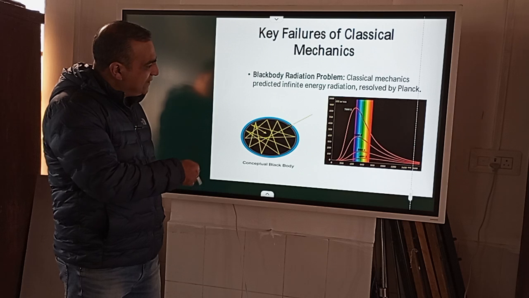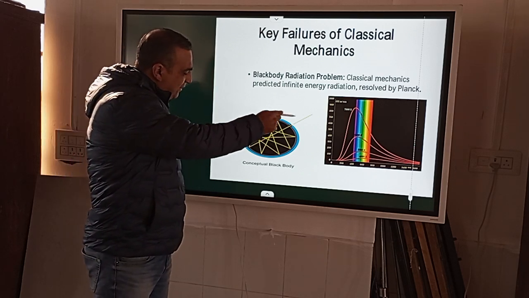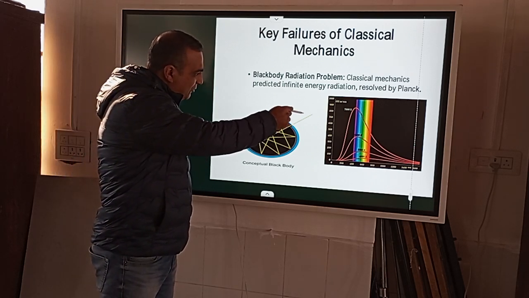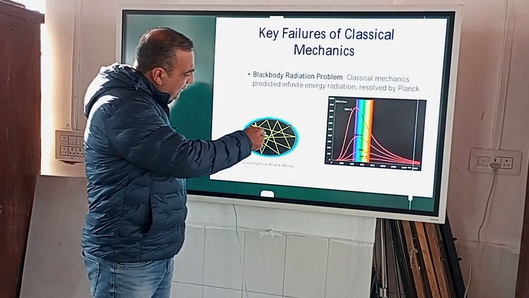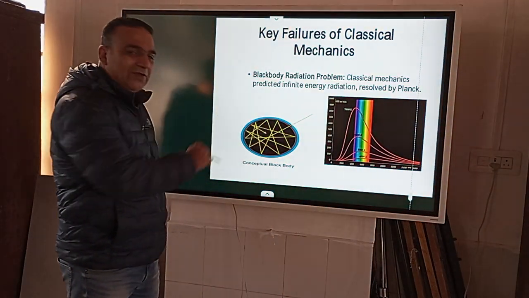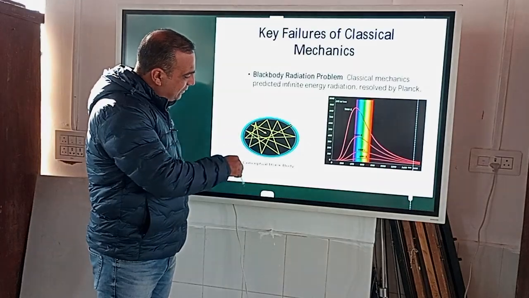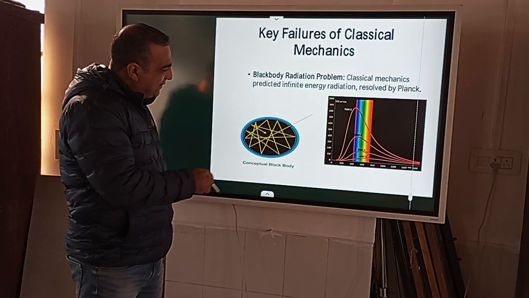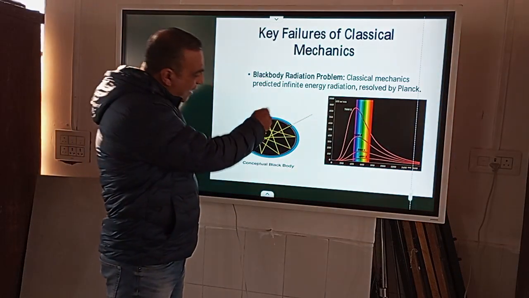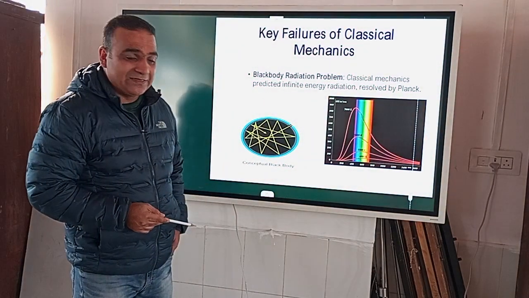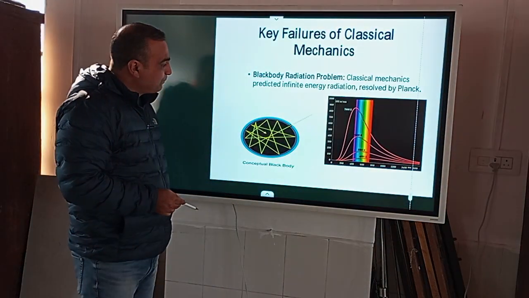In this photograph, you can see that you presumably assume some radiation passes through this hole, and there are multiple reflections taking place, so that there is no place left for this radiation to come out of this ideal black body.